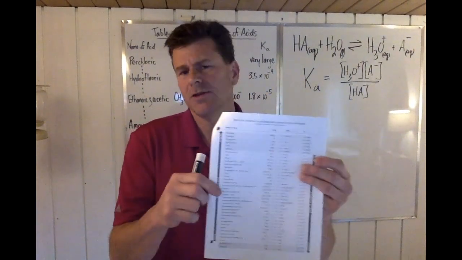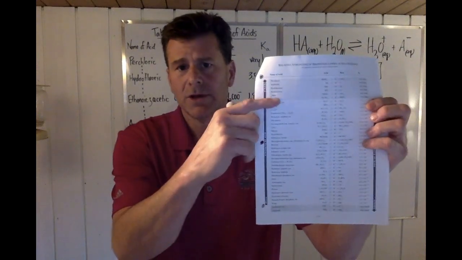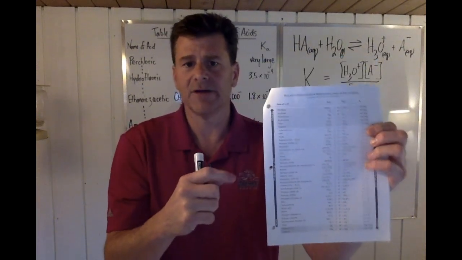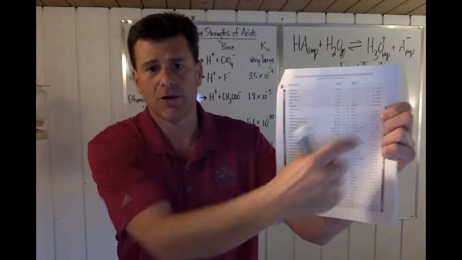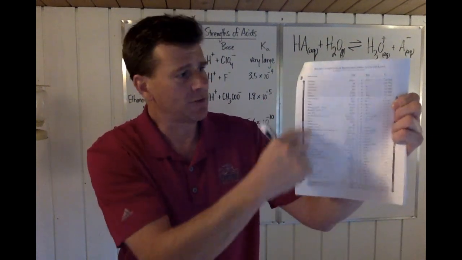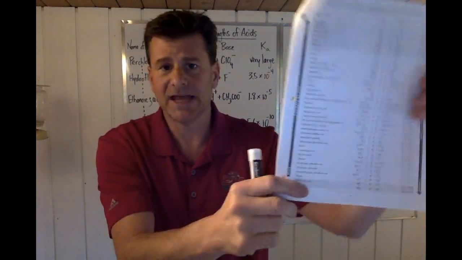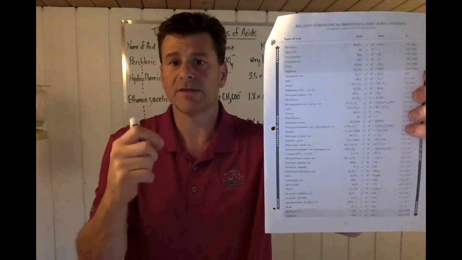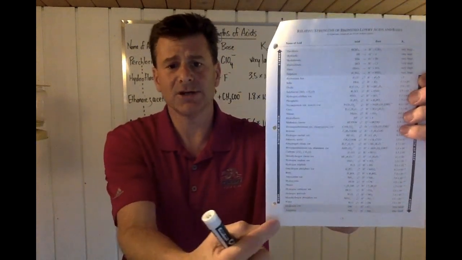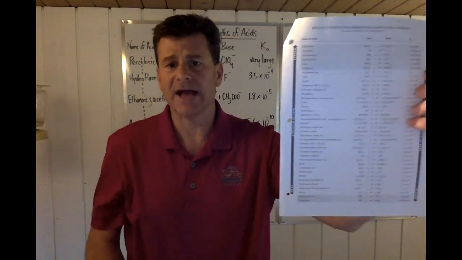Now, if you have one of these with you, you can see it's organized in a very important manner, and you can see there's an arrow on either side. So let's start with the one on the left-hand side of this table, and I'll move it a little bit closer here. The arrow talks about the strength of the acid. So as it goes up, the strength of the acid goes up.